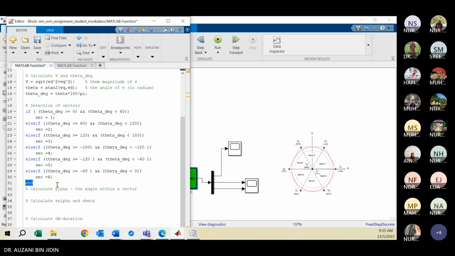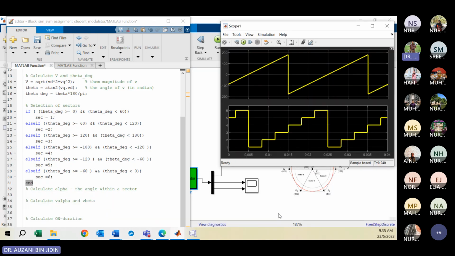Saya cuba tunjuk. Okay, check your punya result. So you can check, is it right?